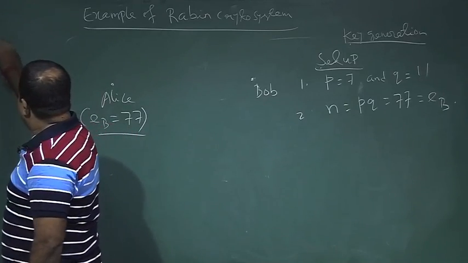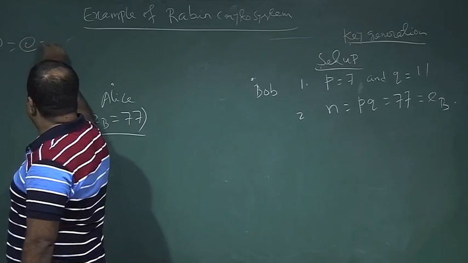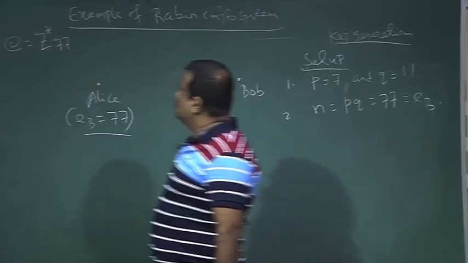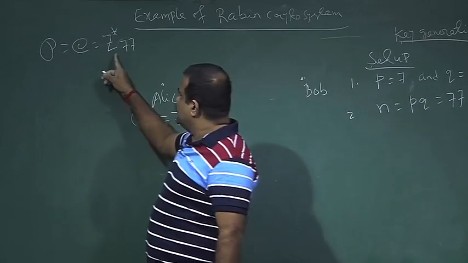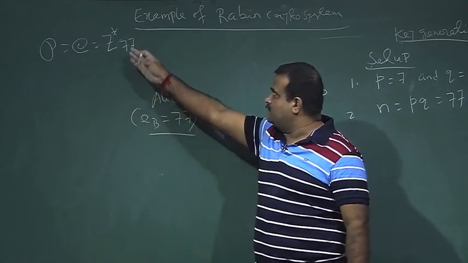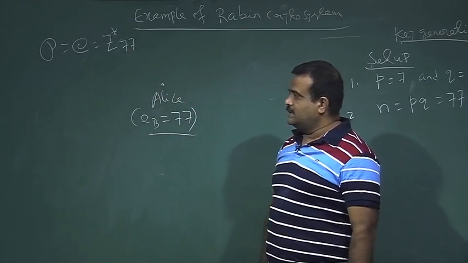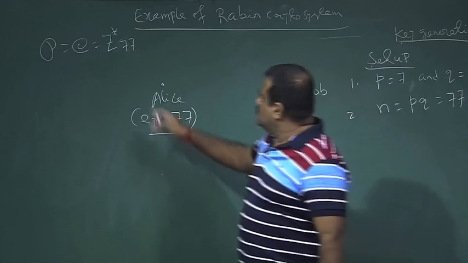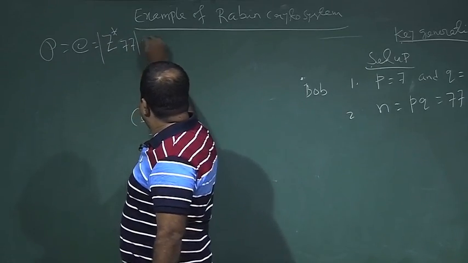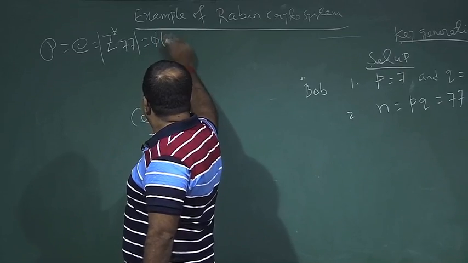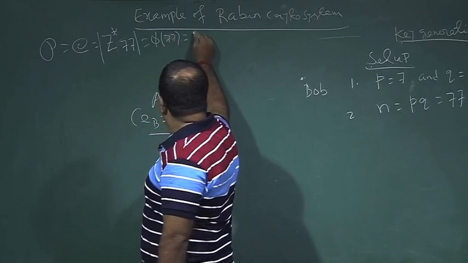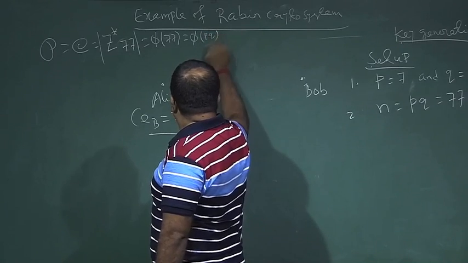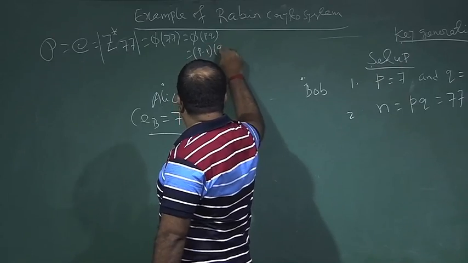Now the key space and the plaintext space is basically Z star 77. Z star 77 means all the integers less than 77 which are relatively prime to 77, and its cardinality is phi of pq, which is p minus 1 times q minus 1.